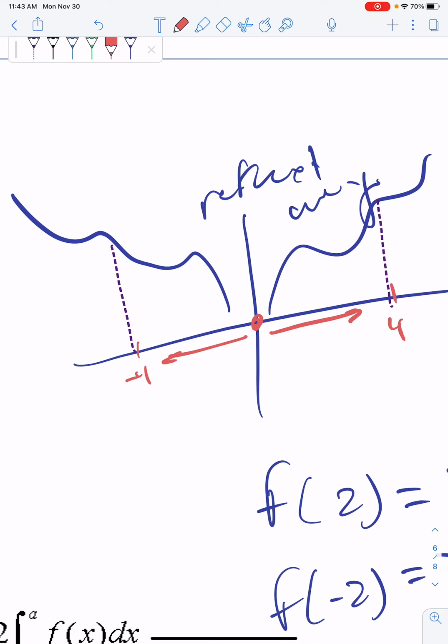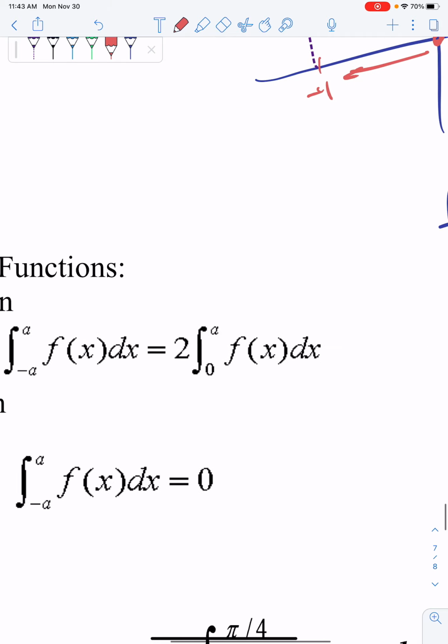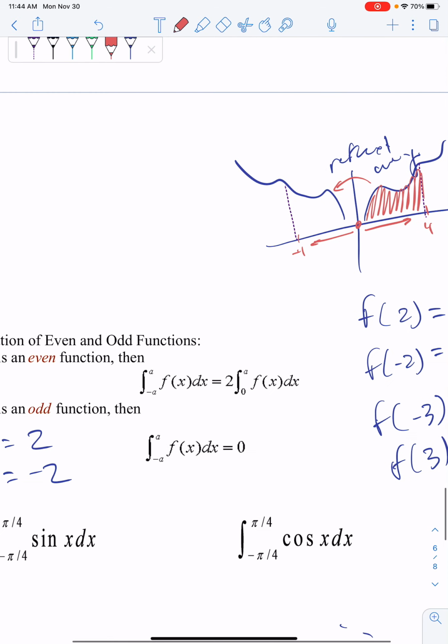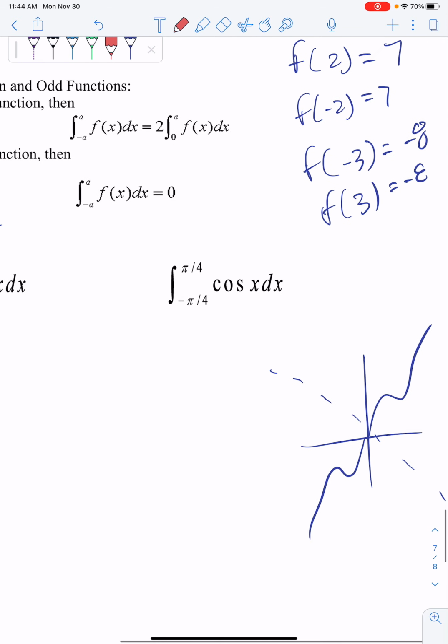I don't have to do the whole integral. I can just find this part, and it gives me that part as well. I can just double it. So that's why the rule says if it's an even function, you can go from 0 to a and just double your value. But if it's an odd function, look what happens.